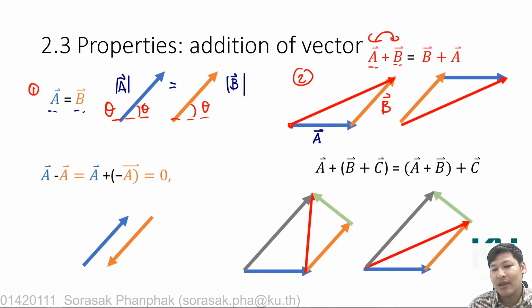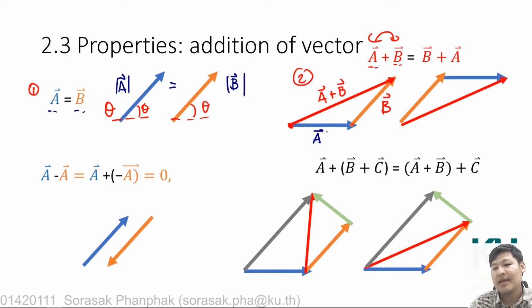The way to sum, you can use the tail and the head of the arrows to connect one's tail with the other's head. And finally, you point the resultant of the vector from the tail to the head. So this represents A plus B.